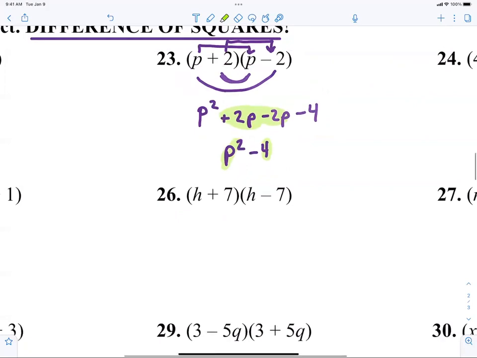How did you get the -2p? Are you having trouble with p times -2? P times -2 is -2p. 2 times p is positive 2p.